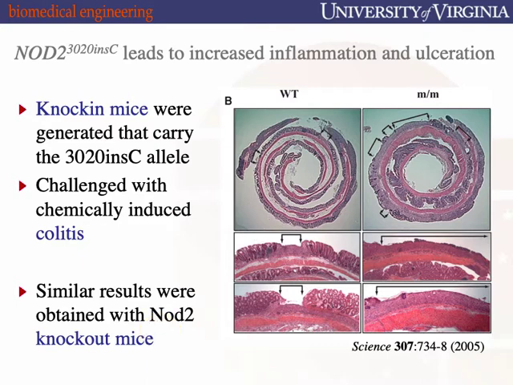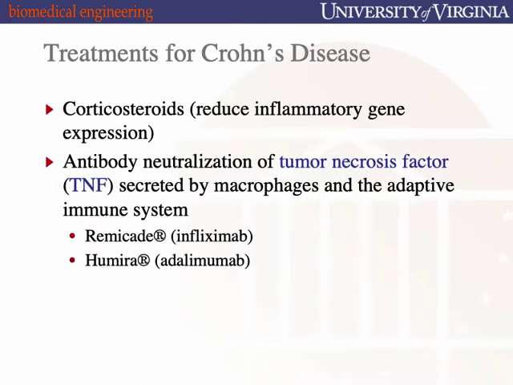Okay? All right. So how do we treat Crohn's disease? Well, it's a disease of inflammation, right? This is where we've got an issue where NOD2 has lost its function, therefore our inflammation is overly abundant, or overly inflamed in our intestines. And so you can give someone corticosteroids to reduce inflammatory gene expression broadly.